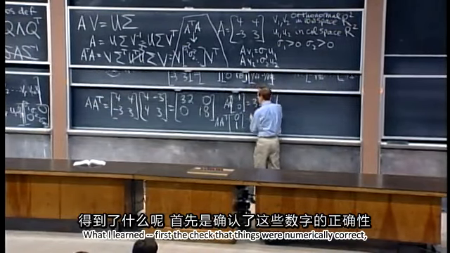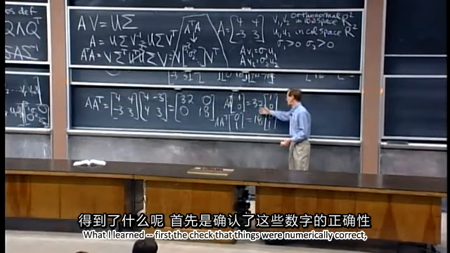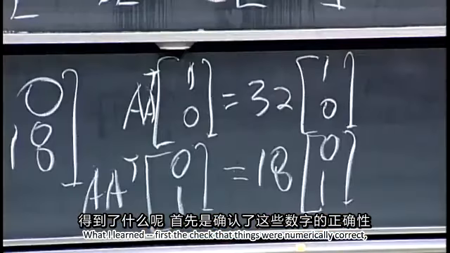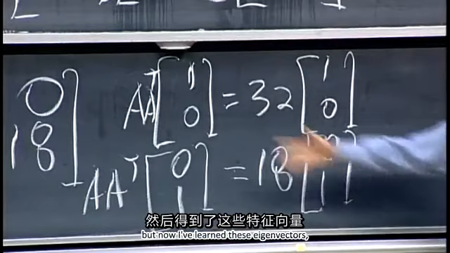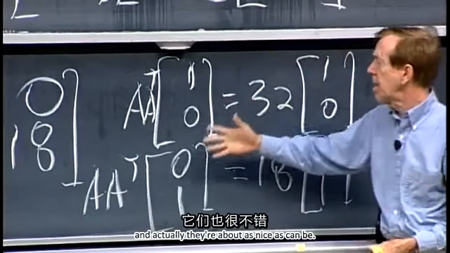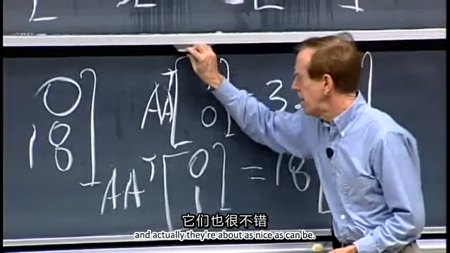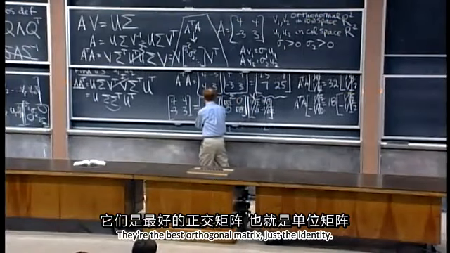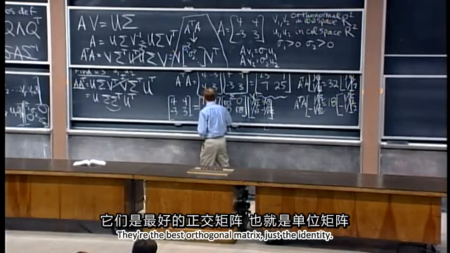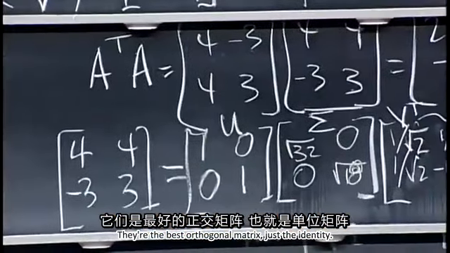What I learned, first I checked that things were numerically correct, but now I've learned these eigenvectors, and actually they're about as nice as can be. They're the best orthogonal matrix, just the identity. Okay.